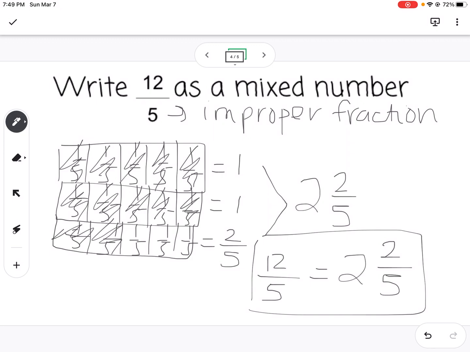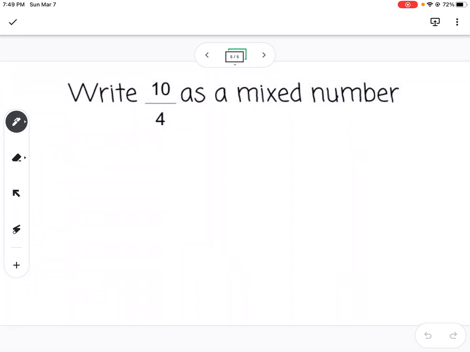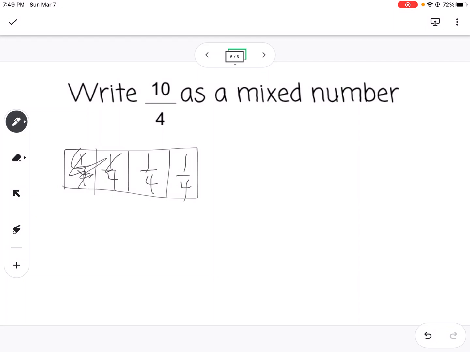Let's try one final example. Here we have write 10/4 as a mixed number. So you guessed it, let's draw a model with fourths, and we need 10 shaded in because it's 10 copies. So here's 4 copies. Another whole we know is going to be 8 copies.